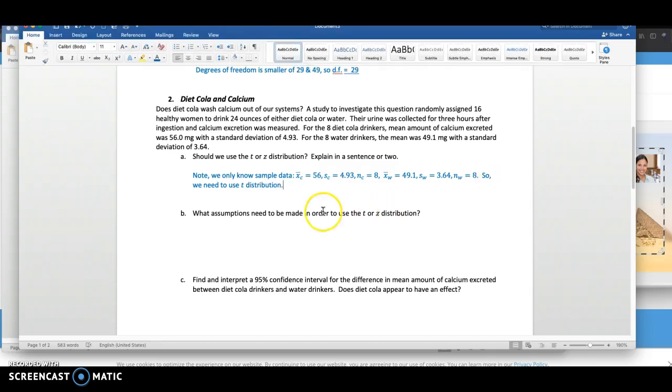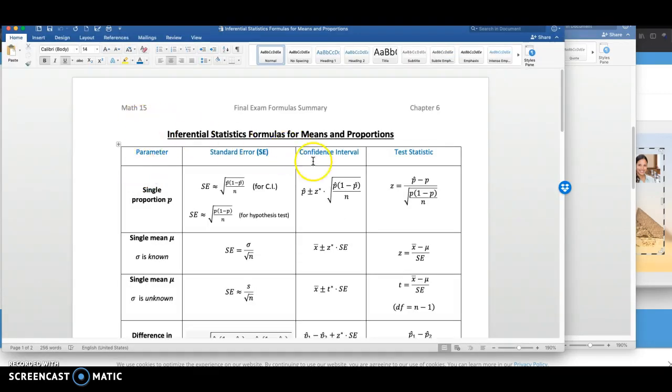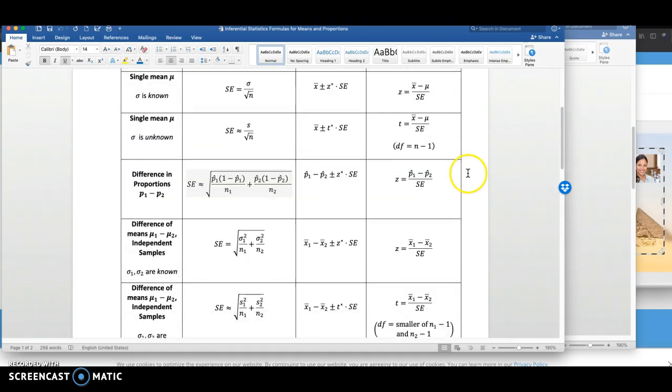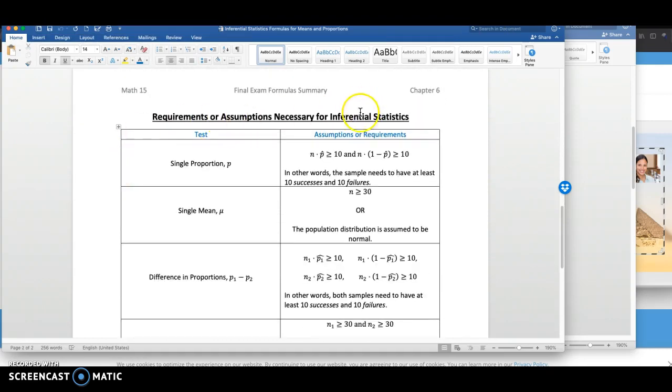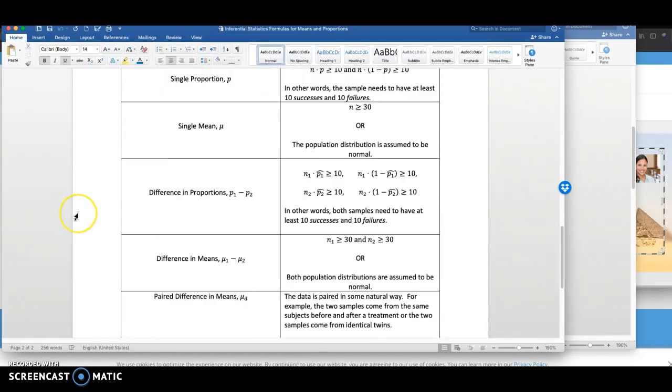Okay, so then I want to know what assumptions need to be made in order to use the T distribution. So I'm going to go to the inferential statistics formulas for means and proportions for Chapter 6. On the second page are the requirements or assumptions needed for the particular inferential statistics, hypothesis testing, confidence intervals.